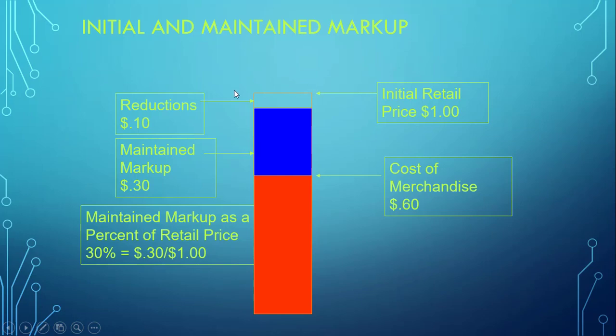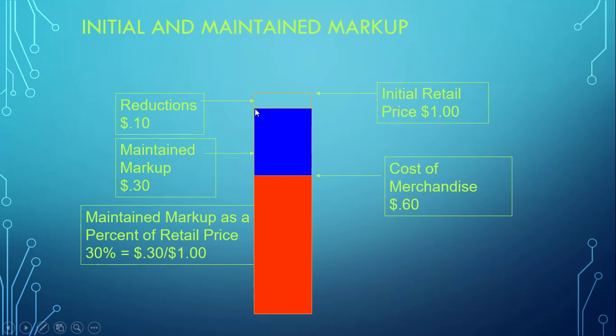But for different reasons, the retailer might deduct 10 cents from the initial retail price, meaning you might sell for 90 cents instead of $1. So the margin will be 30 cents instead of 40 cents. So when you say initial markup, it is the margin that you will get by selling for the initial retail, the intended price.